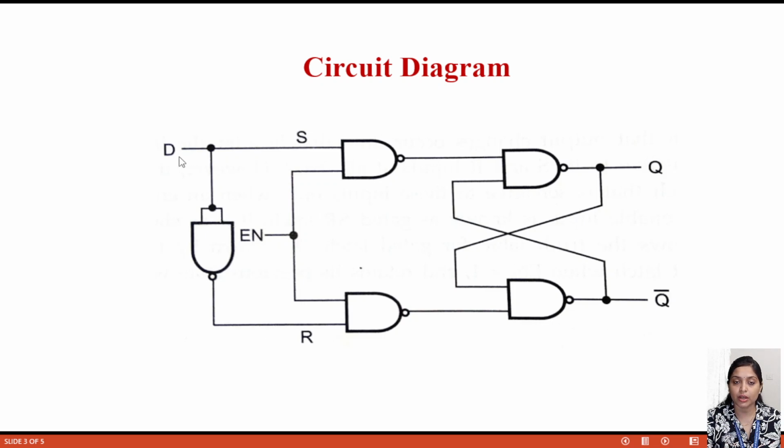When I give D equals 1, then S is 1 and R will be 0. So we can only give one input, and if we consider this part as the SR flip-flop, only the S R combinations 0 1 and 1 0 are possible. The 0 0 and 1 1 combinations will not happen in the case of the D flip-flop.